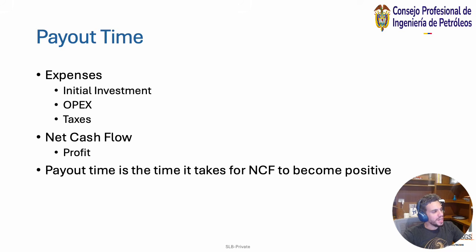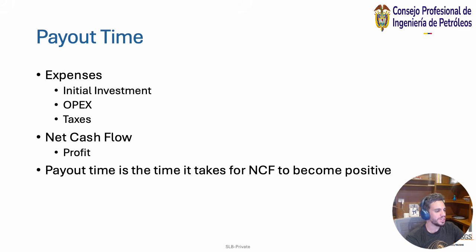So payout time is basically when you take all your expenses, your initial investment, operational expenditures, your capex, your taxes, and then you take your net cash flow, and it is the time it takes for your net cash flow to turn positive, right?